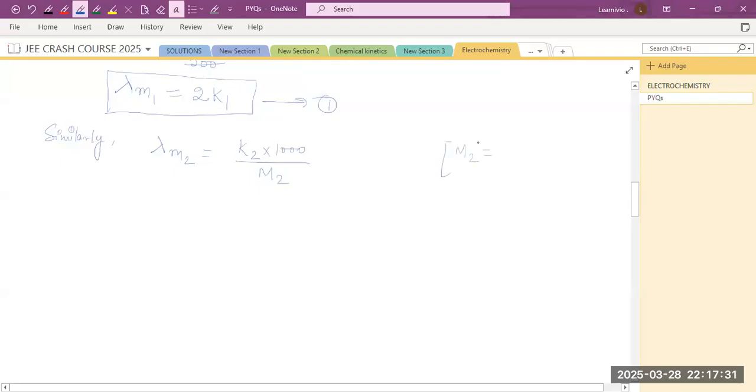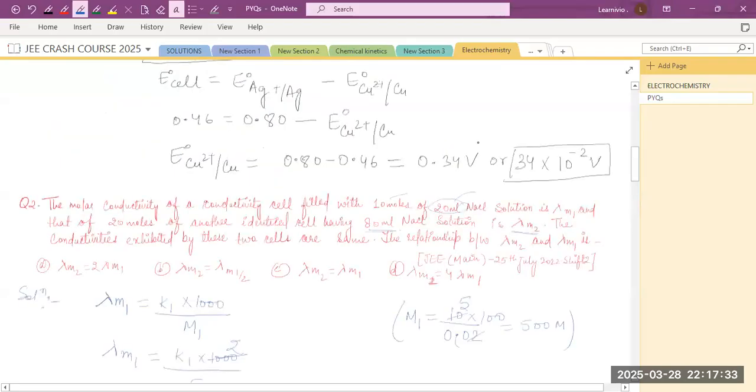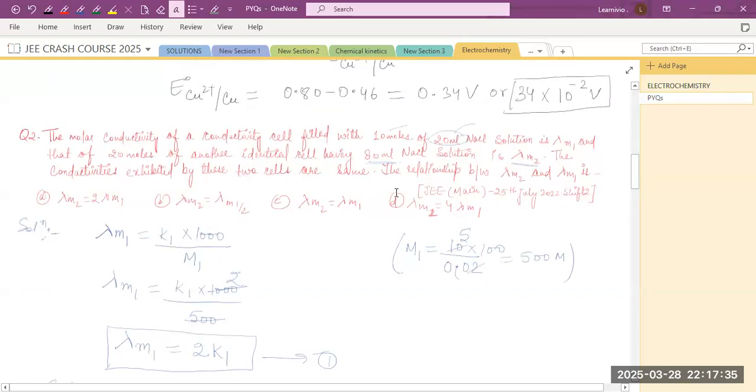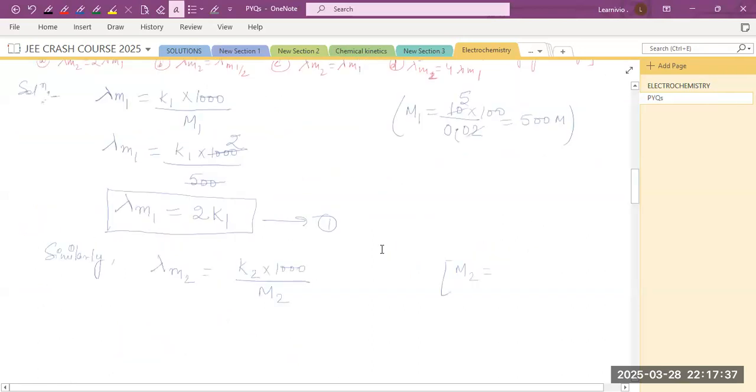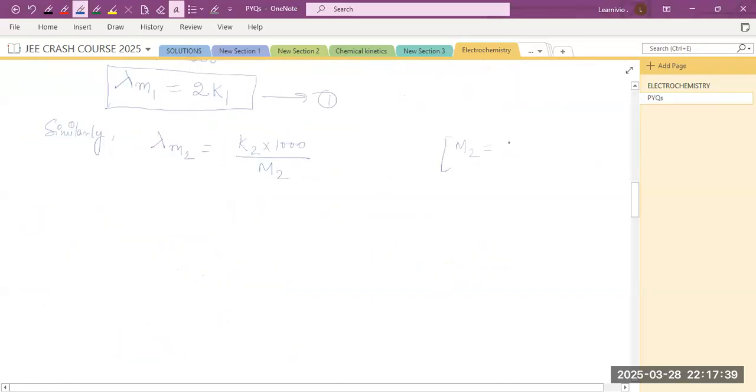What is the number of moles given for the second solution? 20 moles in 80 ml of NaCl solution. So 20 divided by 0.08 liter, since 80 is in ml. So it will give you 250 molar solution.